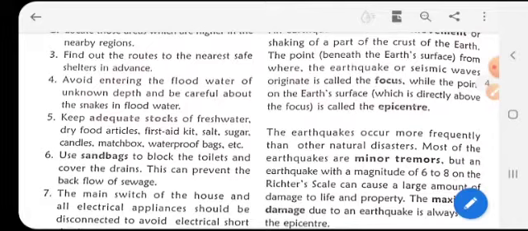So these kinds of things can be taken care of. Keep adequate stocks of fresh water, dry food articles, first aid kit, salt, sugar, and candles, and all kinds of requirements can be stocked. Then sandbags should be used to block the toilets and cover the drains. This can prevent the backflow of sewage.